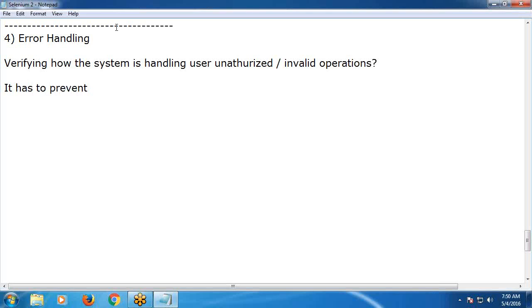It has to prevent unauthorized operations and at the same time provide meaningful error messages.